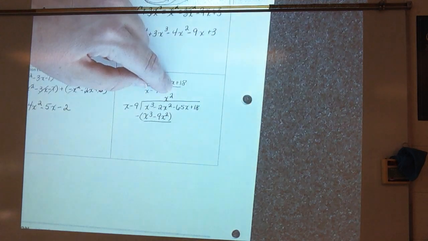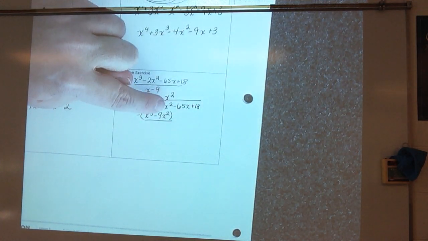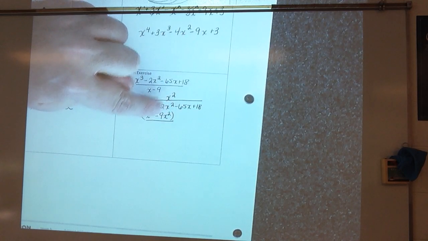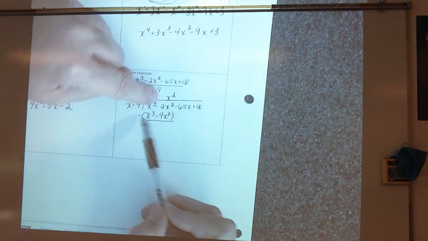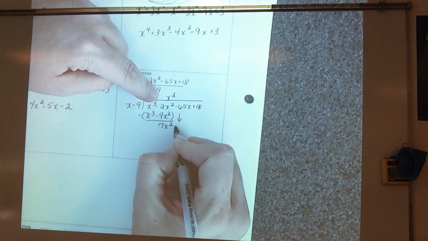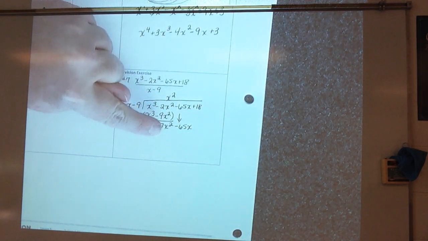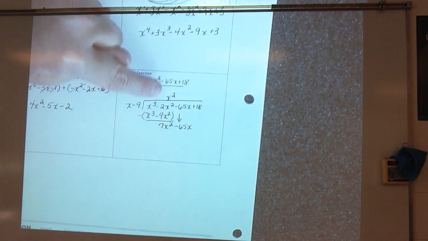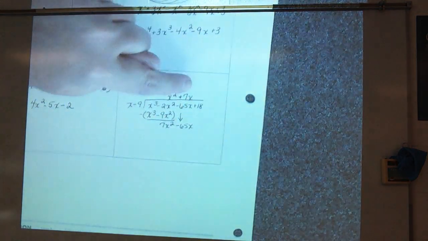Subtract that. All right, so x cubed minus x cubed is 0. Negative 2x squared minus a negative 9x squared. So that's negative 2 plus 9, which is 7x squared. Bring down that negative 65x. So 7x squared divided by x is 7x.